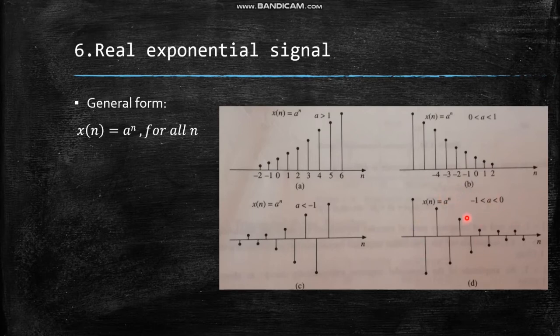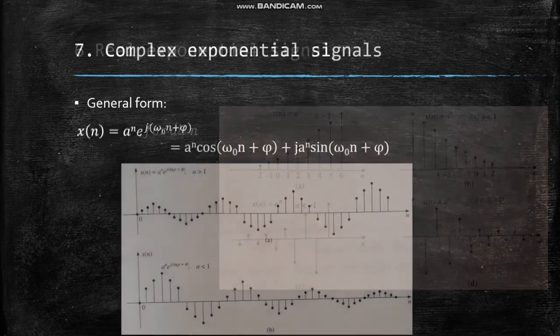The fourth one is when a is between minus 1 and 0, minus 1 less than a less than 0. Then similar to the third case, we obtain an alternating positive and negative signal, but here it will be exponentially decreasing. Here it is exponentially increasing, here it is exponentially decreasing.